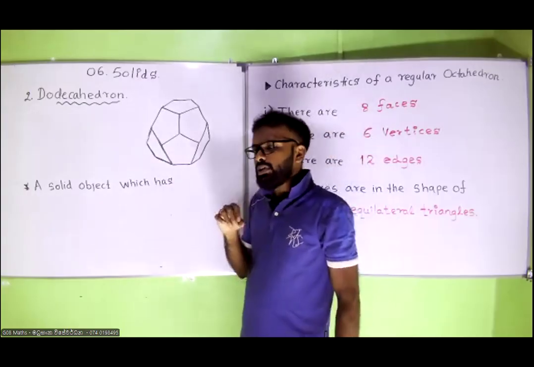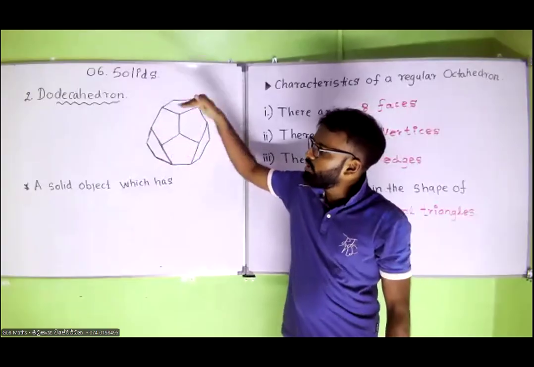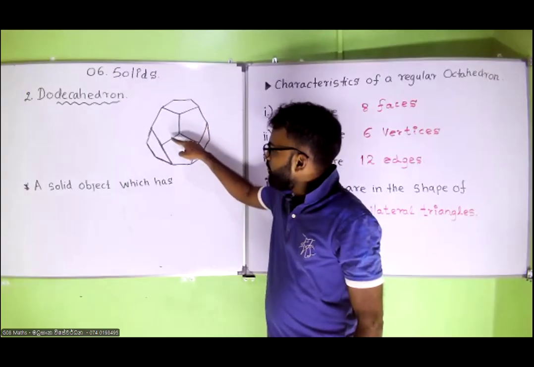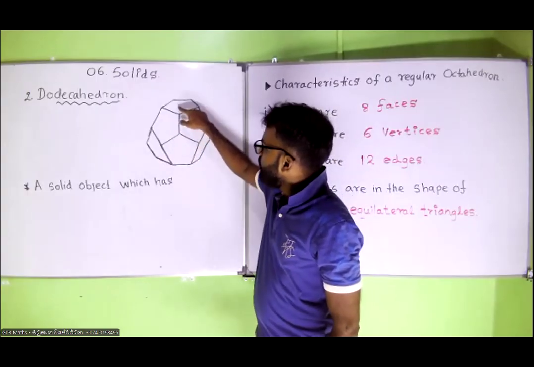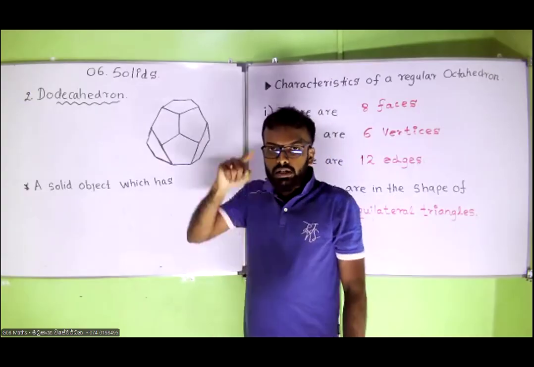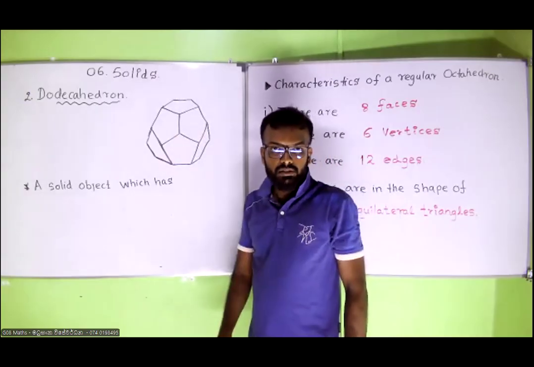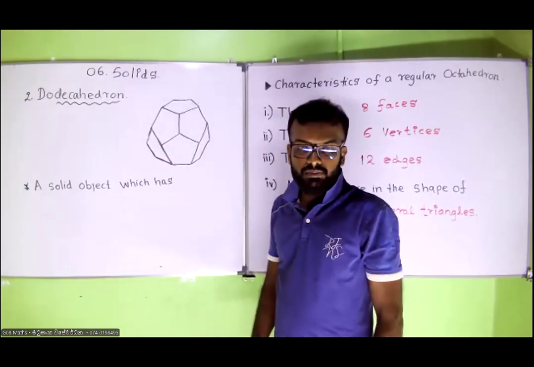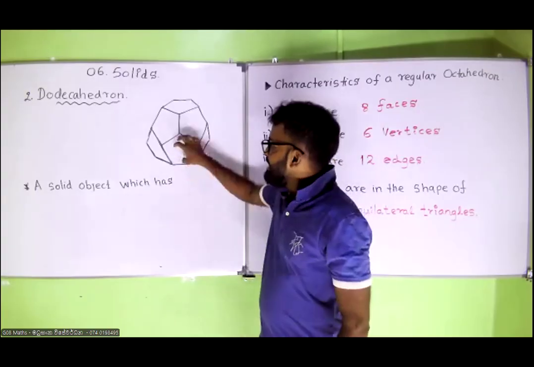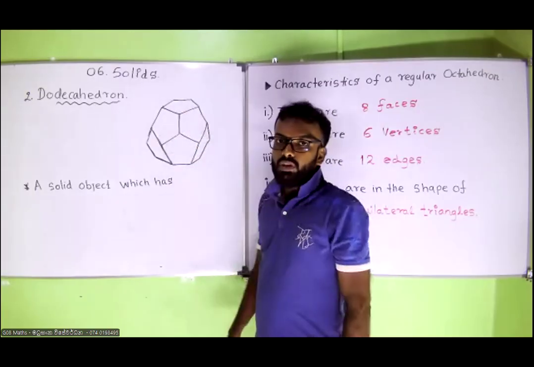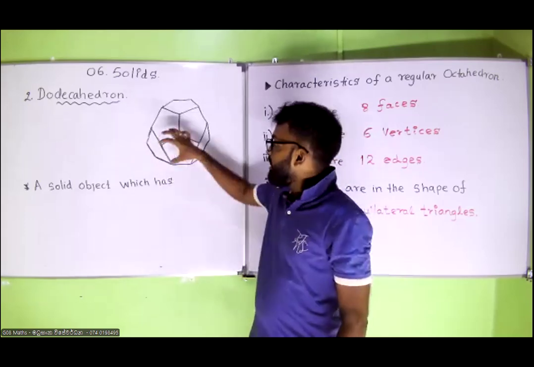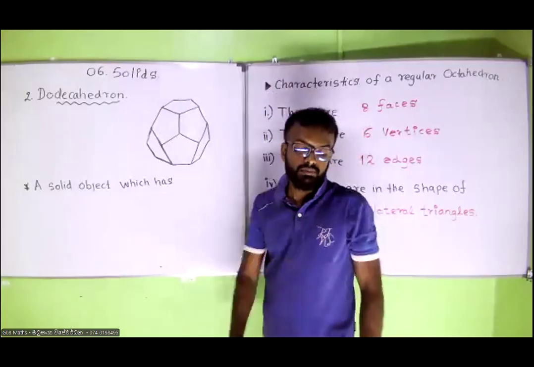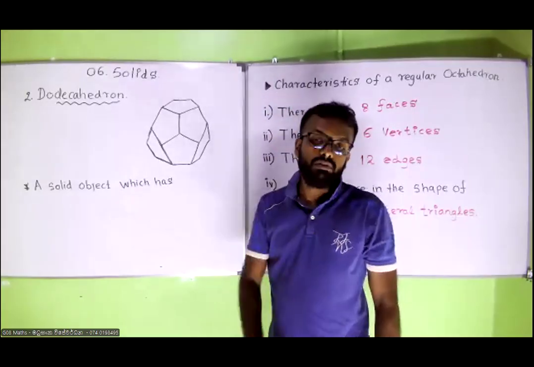What are the special things that you need to know when you consider the solid dodecahedron? Each and every face takes a pentagonal shape, with 5 equal sides. Each and every face of this dodecahedron takes the shape of a pentagon.